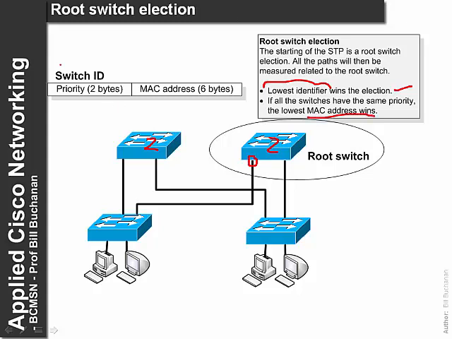So we can see here that the switch ID is defined by its priority, which makes up 2 bytes. We can thus have up to 16,000 addresses, and then we have 16 bytes for the MAC address. Once the root switch is elected, then routes are calculated based on the root switch.